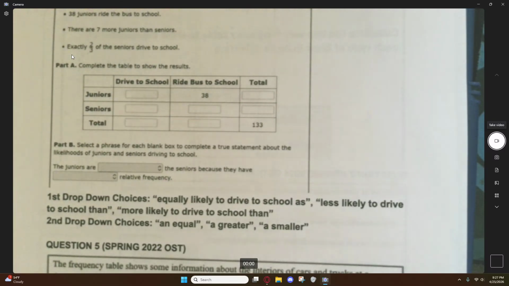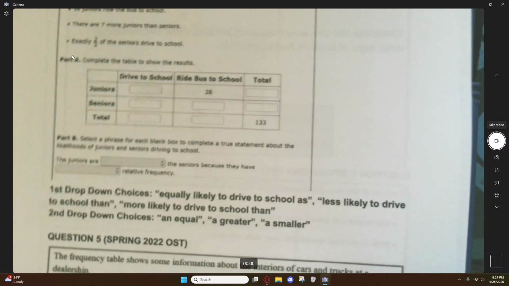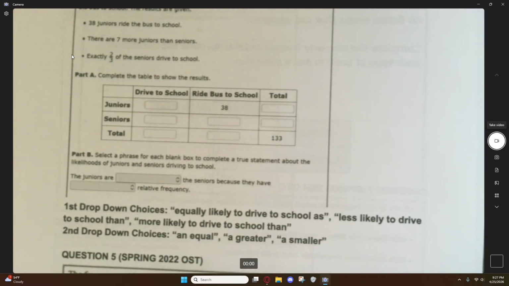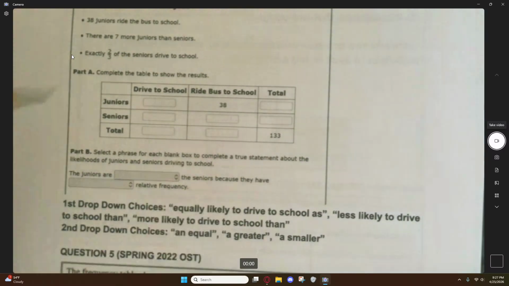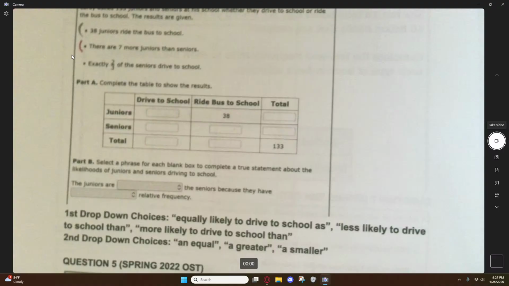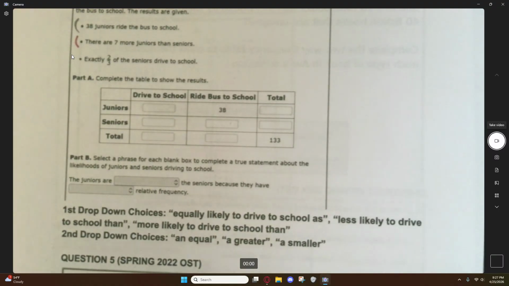So, let's start with the first clue. 38 juniors ride the bus to school. That's already filled in for us. Huzzah. Then, there were 7 more juniors than seniors. This is what we can use to find how it goes.